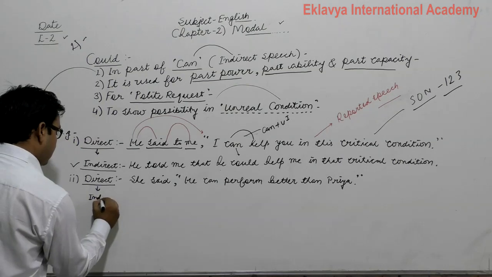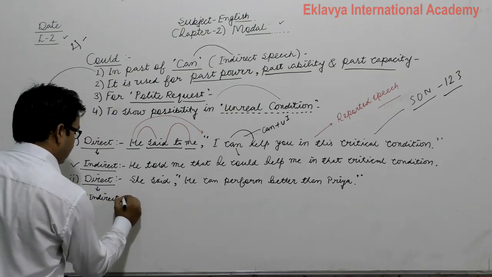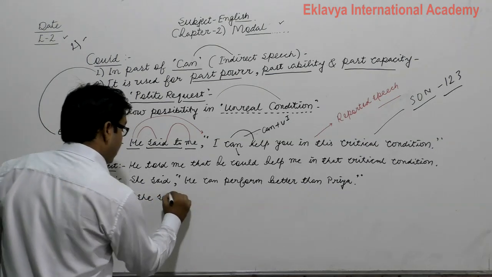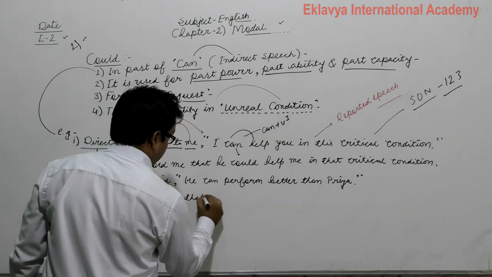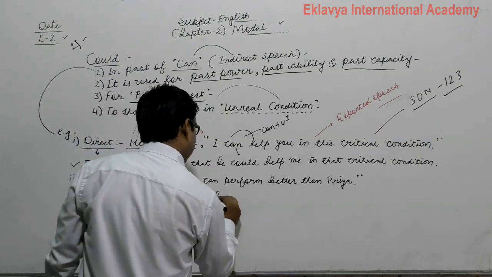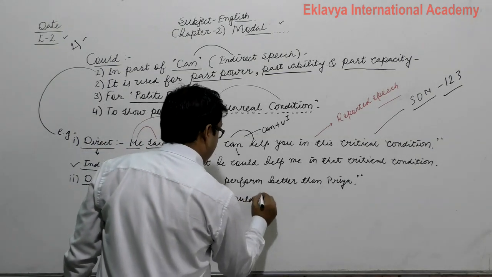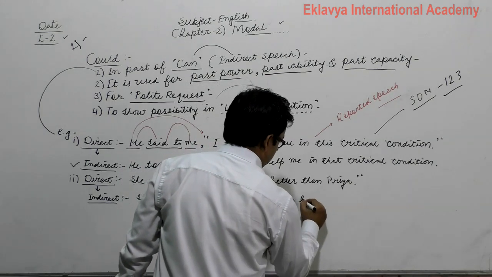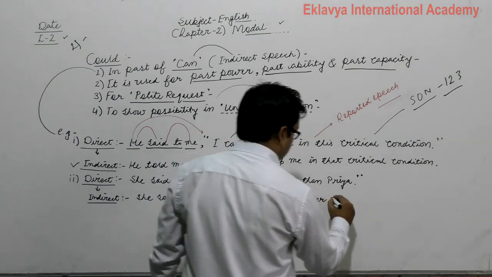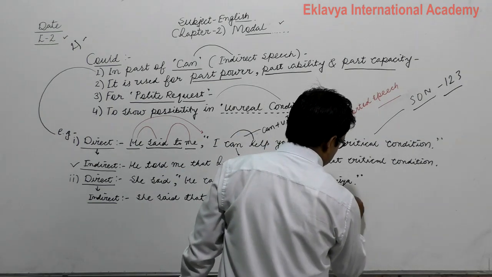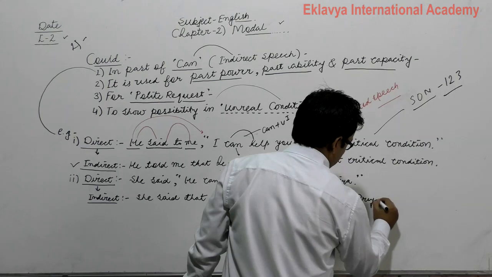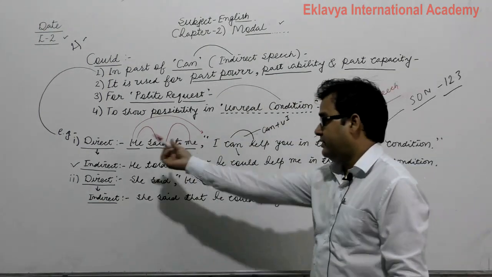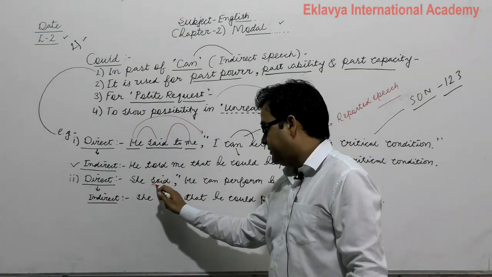Indirect speech: She said that he could perform better than Priya. Okay, students, in this example you can see that the reporting verb actually hasn't been changed.